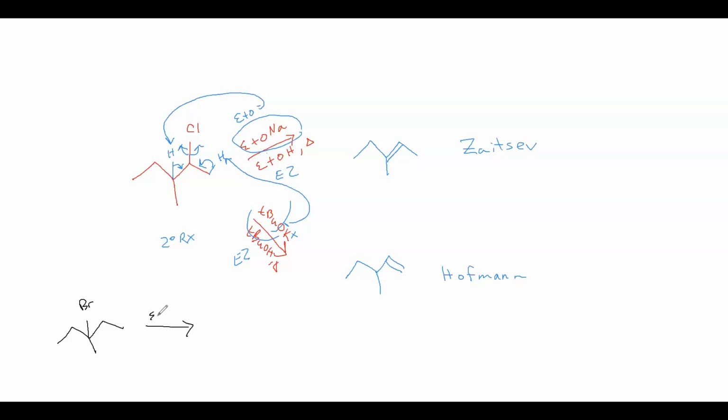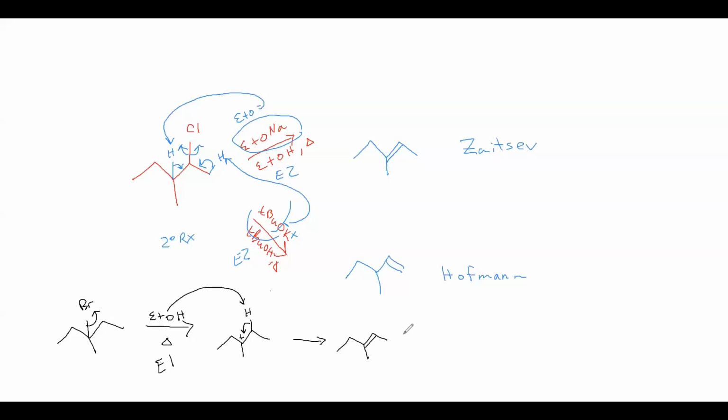But if we use a weak base, so just ethanol itself without that ethoxide base, this is going to go via an E1 mechanism, where we lose the bromide first to form a carbocation, and then a neighboring beta proton is abstracted by the weak base. Like so. And again, the Zaitsev product's going to be the major product here.